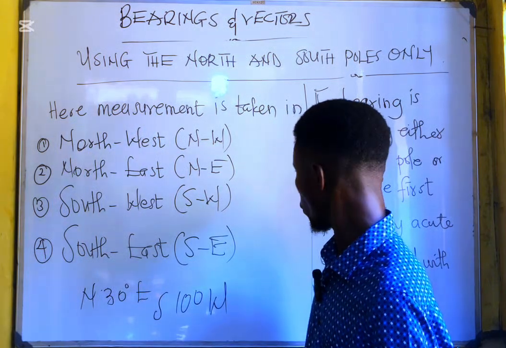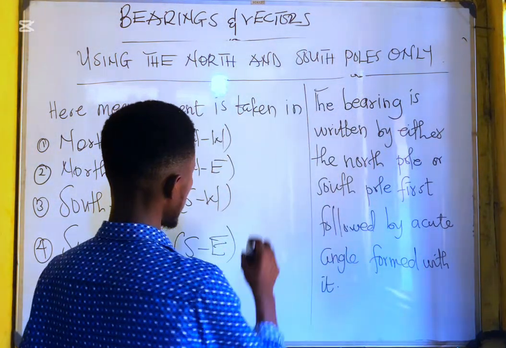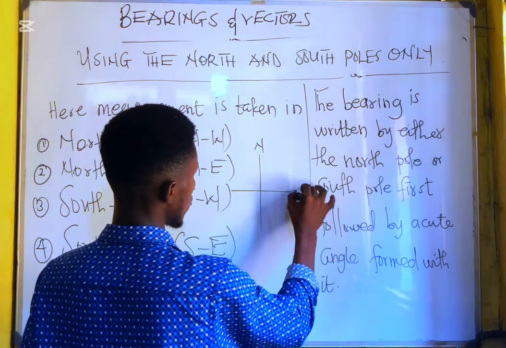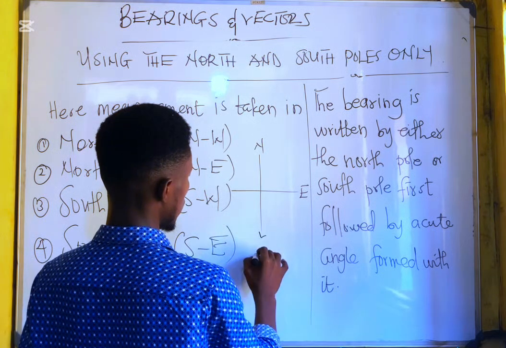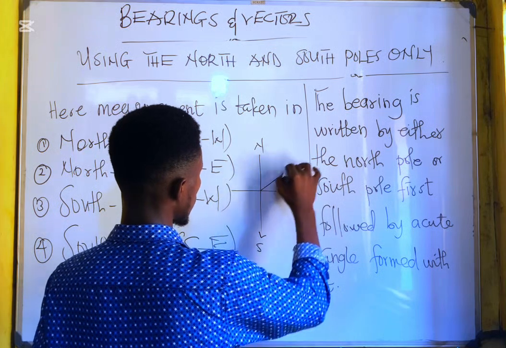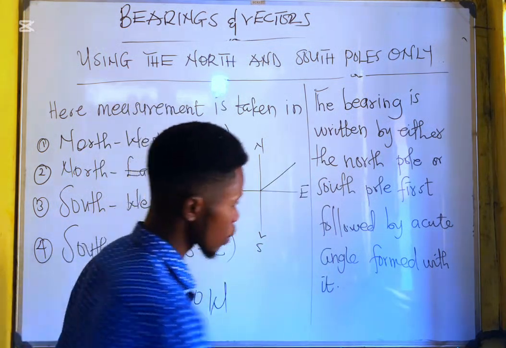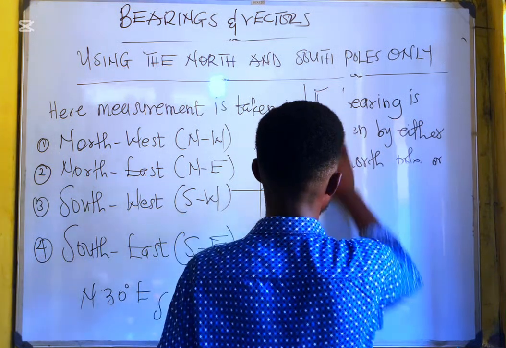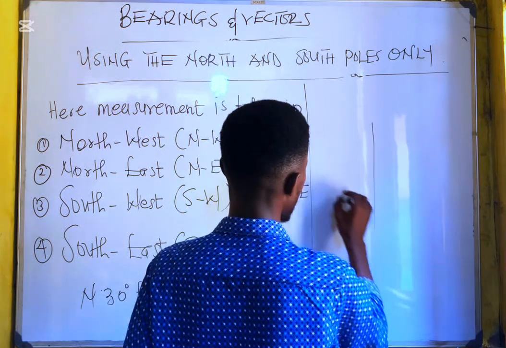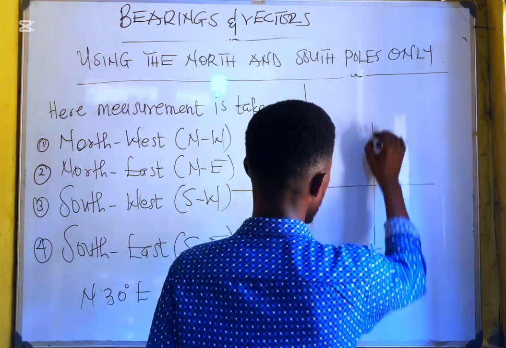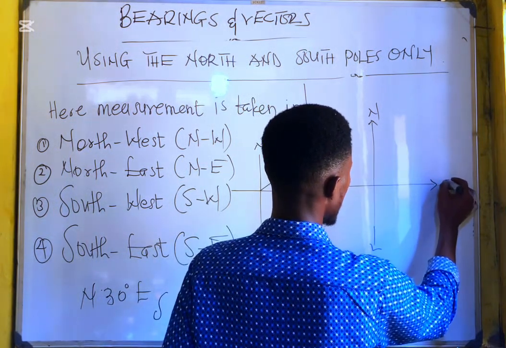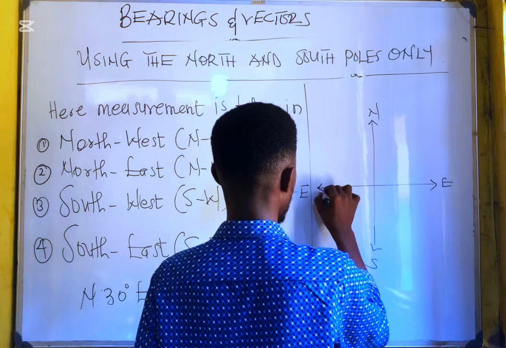But before I start with the example, let's say I have something like this. This is my north, this is east, this is south. Let me clean this side and draw it bigger here for you to see. This is north, east, south, then west.